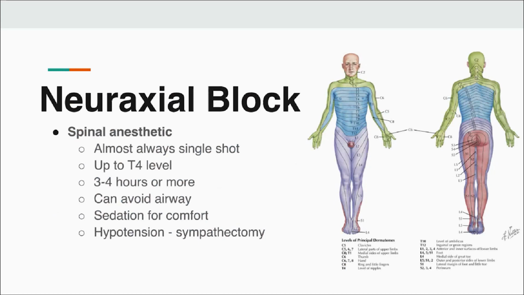Just to know that because the sympathetic chain runs lateral to the spinal cord in the thoracolumbar area, we almost always see a sympathectomy, which presents as hypotension and sometimes bradycardia, and we typically use fluids and pressors to alleviate these symptoms, and they're short-lived.